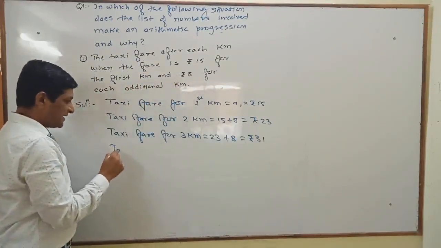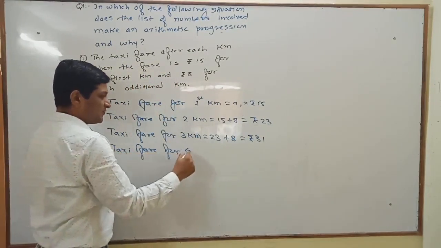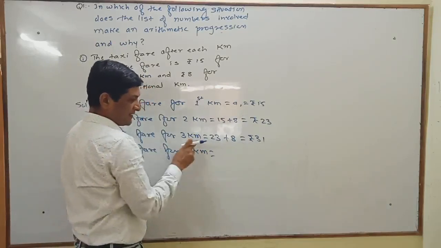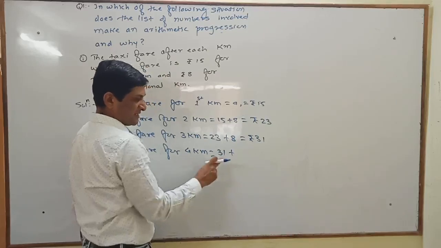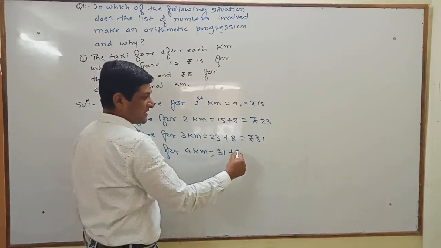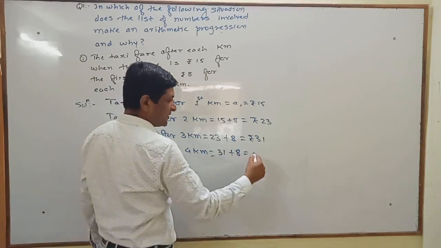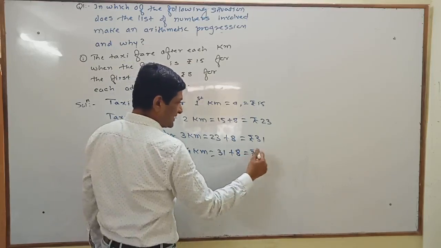Then the taxi fare for 4 kilometers: this rupees 31 is the taxi fare of the first 3 kilometers, plus the taxi fare for one additional kilometer, rupees 8. So this addition will be equal to rupees 39.